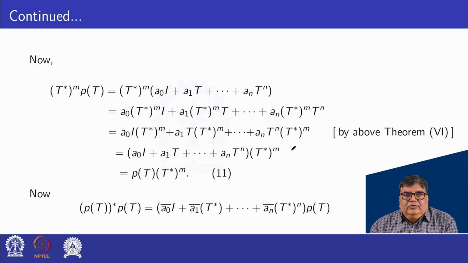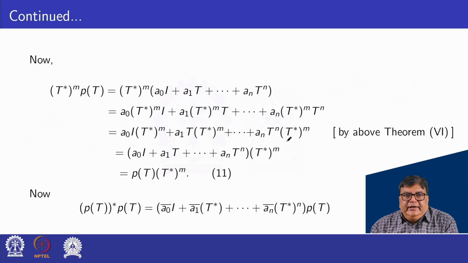So by theorem 6, T star m into T^n can be written as T^n into T star m. We have proved in theorem 6. So this can be written as a0 I mth power of T star plus a1 T into T star m plus and so on plus an T to the power n into mth power of T star by theorem 6.